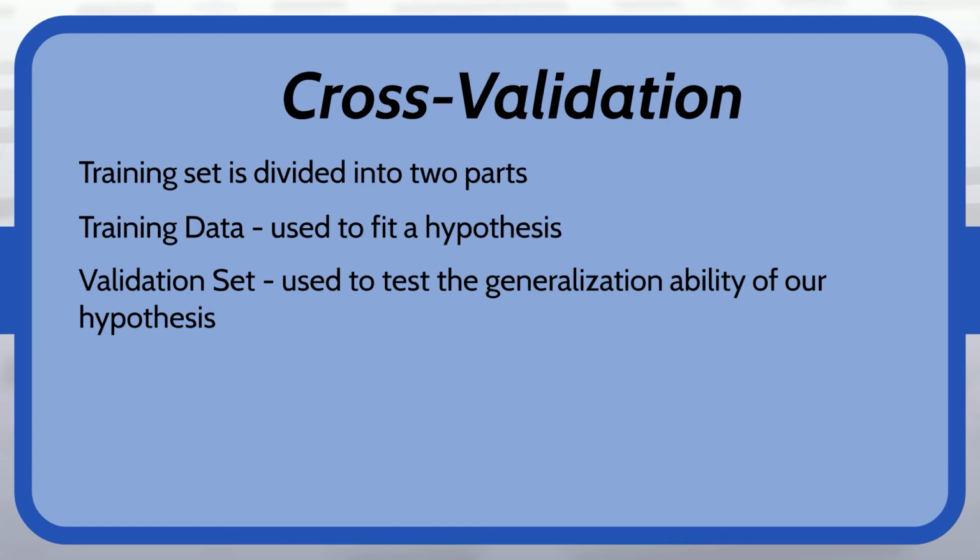So assuming a large enough training and validation set, the hypothesis that is the most accurate on the validation set is going to be the best one, or the one that has the best inductive bias. So we've made the correct amount of assumptions about the data. And this process of finding this best model is called cross-validation.